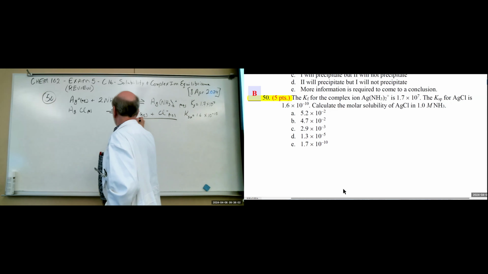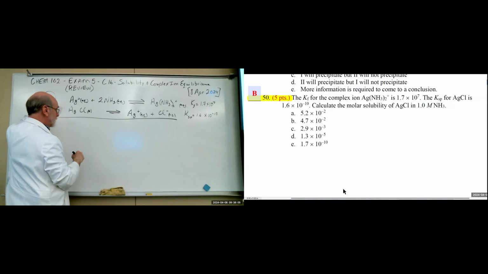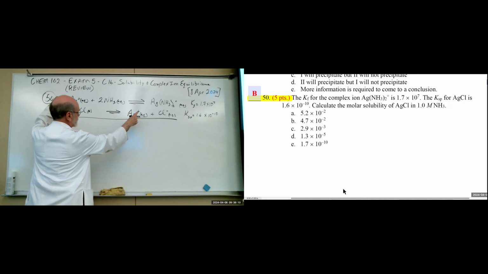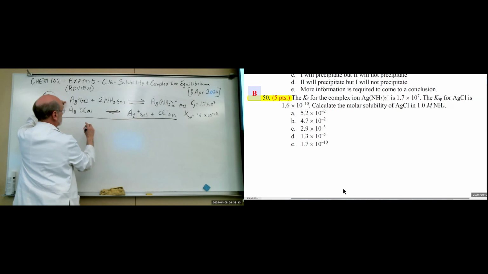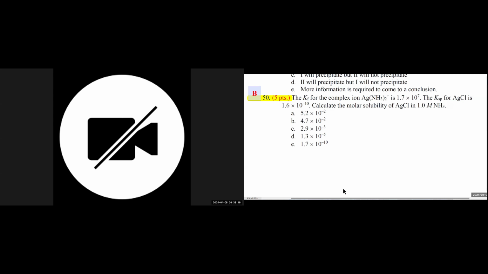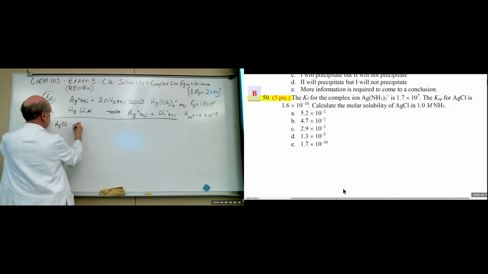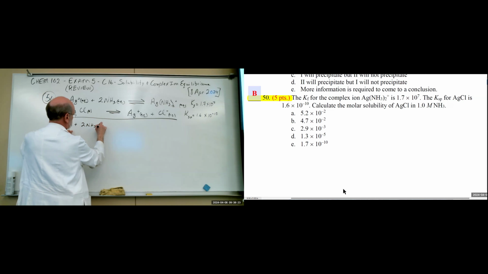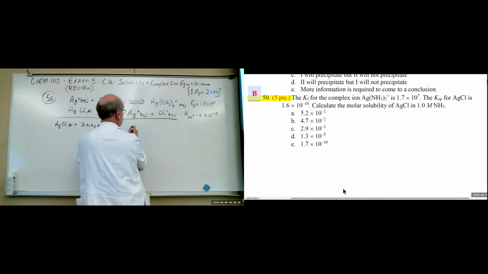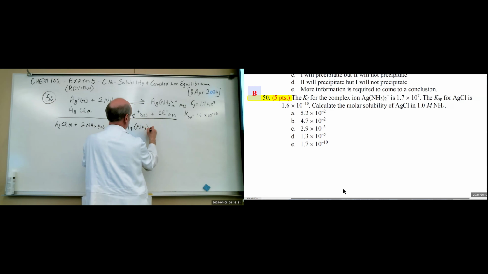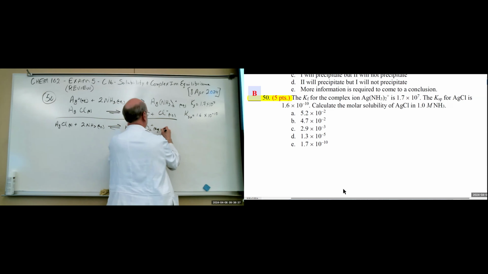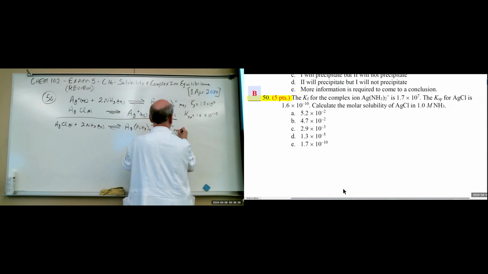All right. So if we add these two together, the silver ions go out, right? You got silver on this side, silver on that side, so they don't come down. We do have silver chloride plus 2 ammonias yield complex ion in solution plus chloride ions in solution.